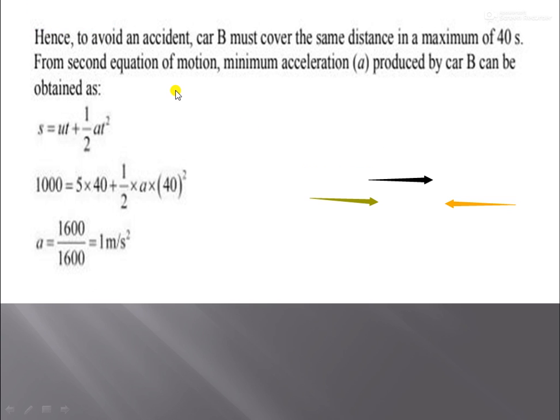Hence, to avoid an accident, car B must cover the same distance in a maximum of 40 seconds. So from the second equation of motion, the minimum acceleration can be obtained as s equal to ut plus half at square. By applying this equation, you can find the acceleration, that is 1 meter per second square. So car B must accelerate at 1 meter per second square to avoid an accident.